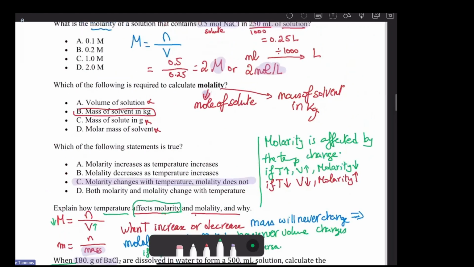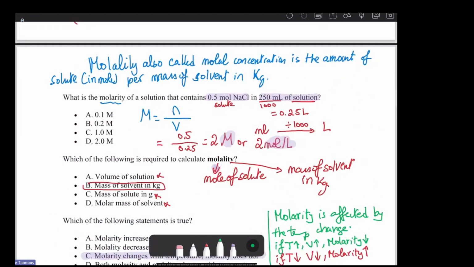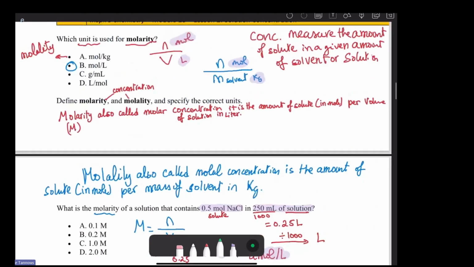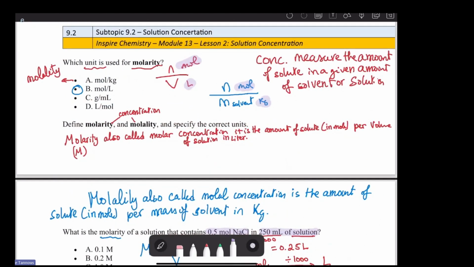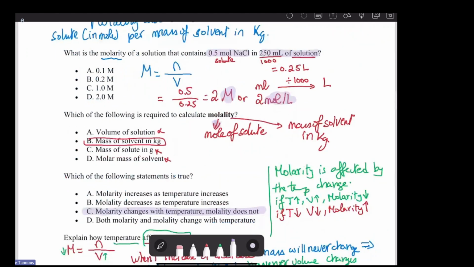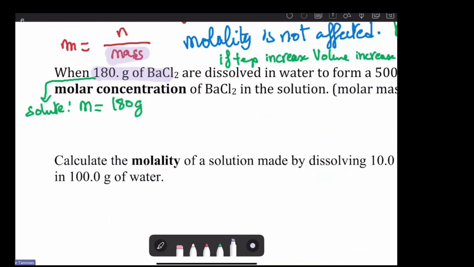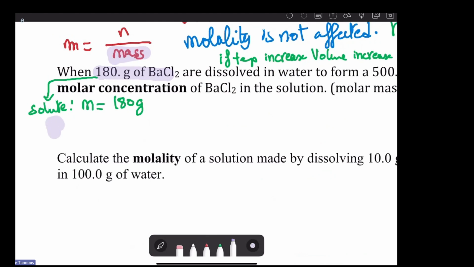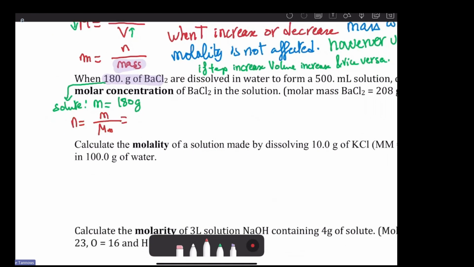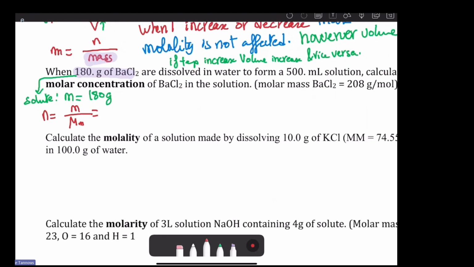And whether it's molarity or molality, as I mentioned previously, I need to find the mole for both of them. So always remember that for any given mass of solute, you need to use the formula of mole equal mass over molar mass in order to get the mole of solute. So before you continue the question, sort it out. Find the mole of the solute.